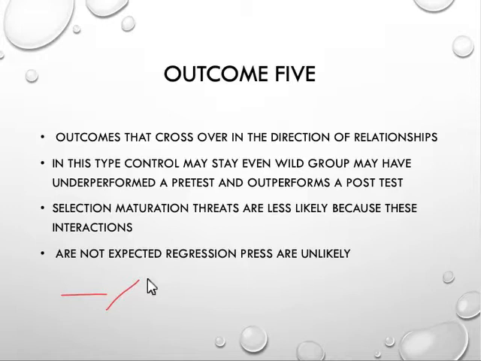This is a really hard slide, I need to go back and re-look at this one. But essentially what we're saying is that the control group didn't make any changes, but we saw changes in the experimental group. But let's say the experimental group stopped here, we would still have post-test scores that remained the same. We would need to account for the fact that they started way down here and ended way up here. So we would need some way of statistically controlling for the fact that the baseline was not equivalent.